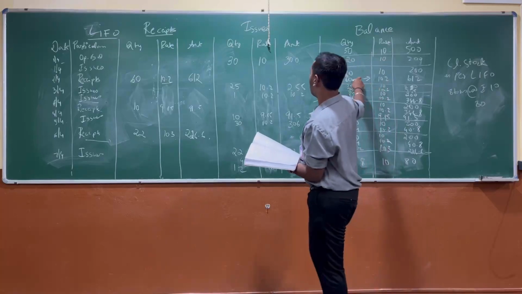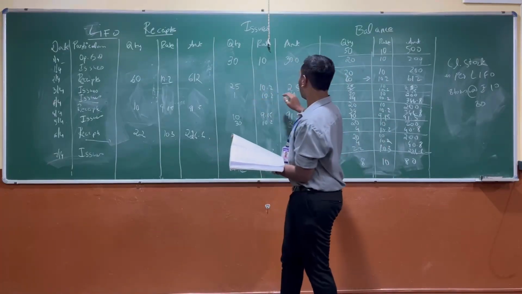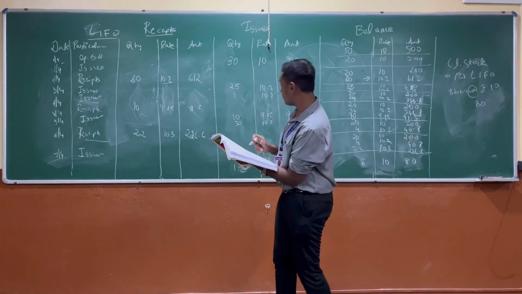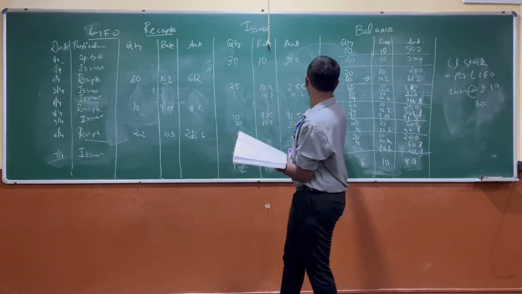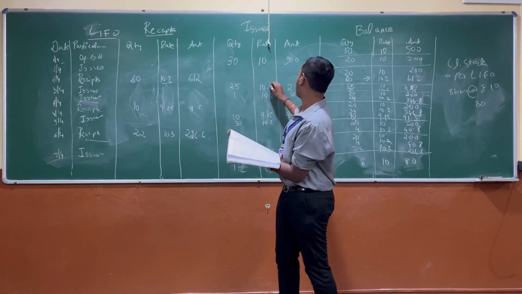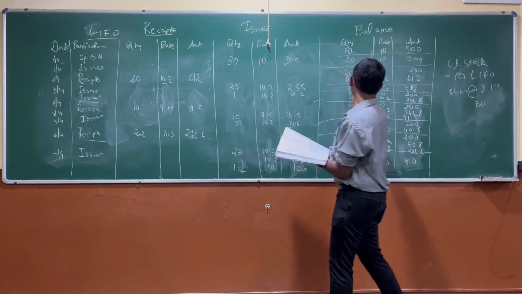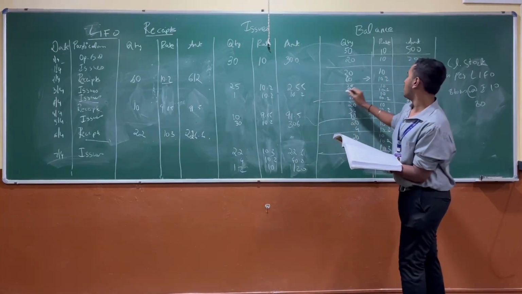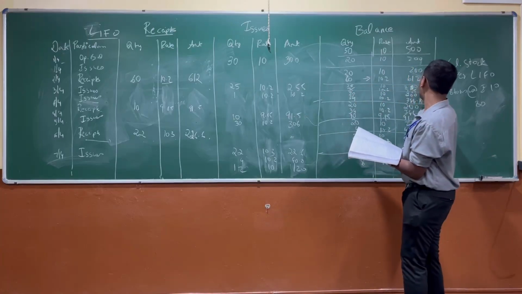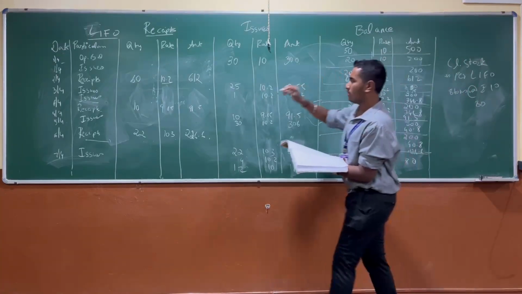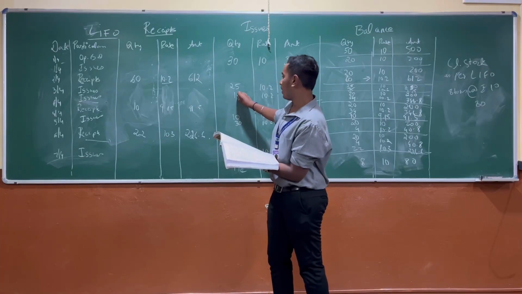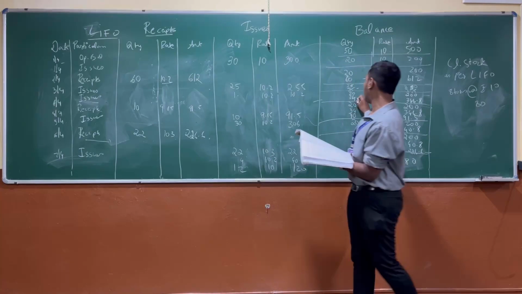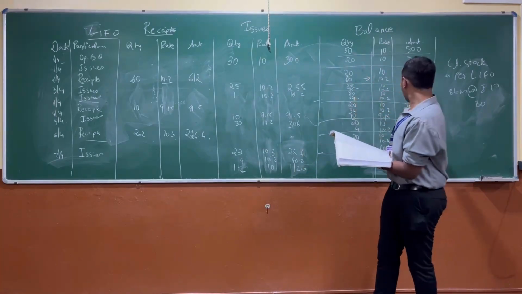They've asked for 25 tons, so we take 25 at 10.2, we get 255. Balance: 60 minus 25, we get 35 at 10.2, 357 will be balance. Because there was a loss, again one ton is taken at 10.2 from this lot. So you get 34 left in the lot.